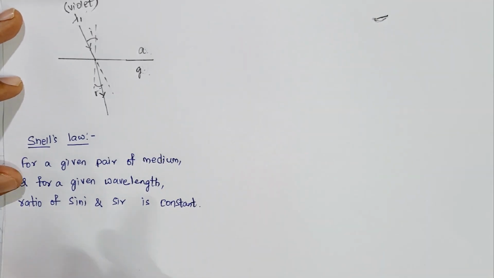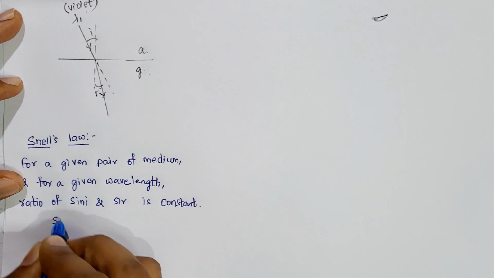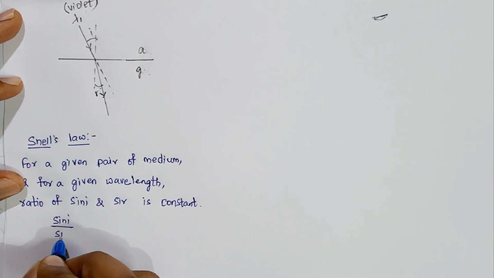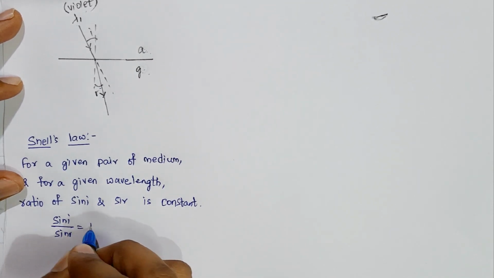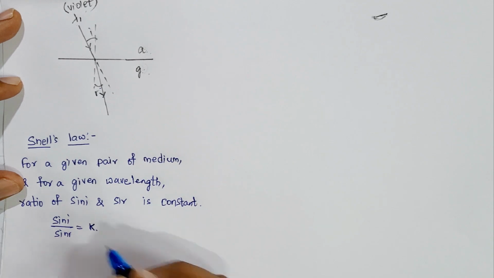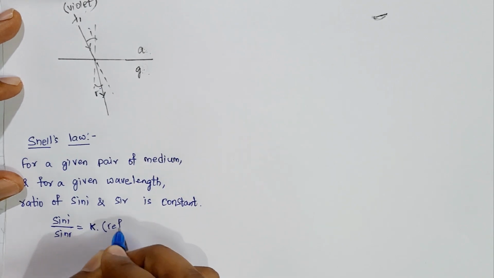This can be written as sin i divided by sin r is equal to constant, and that constant is nothing but the refractive index.